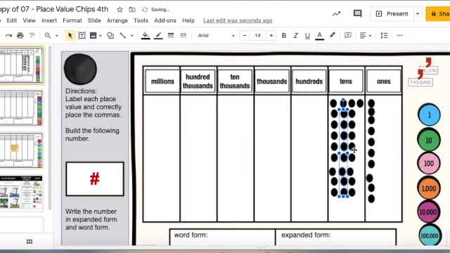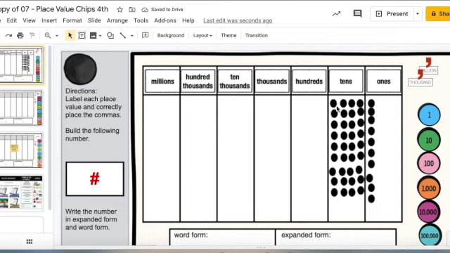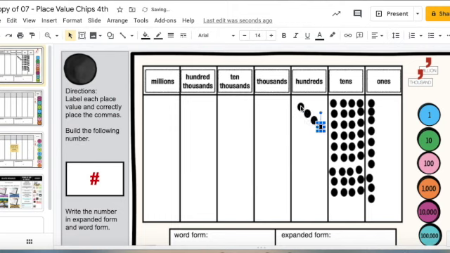And so if I have 40 10s, how many hundreds would I have? Two, three, four.